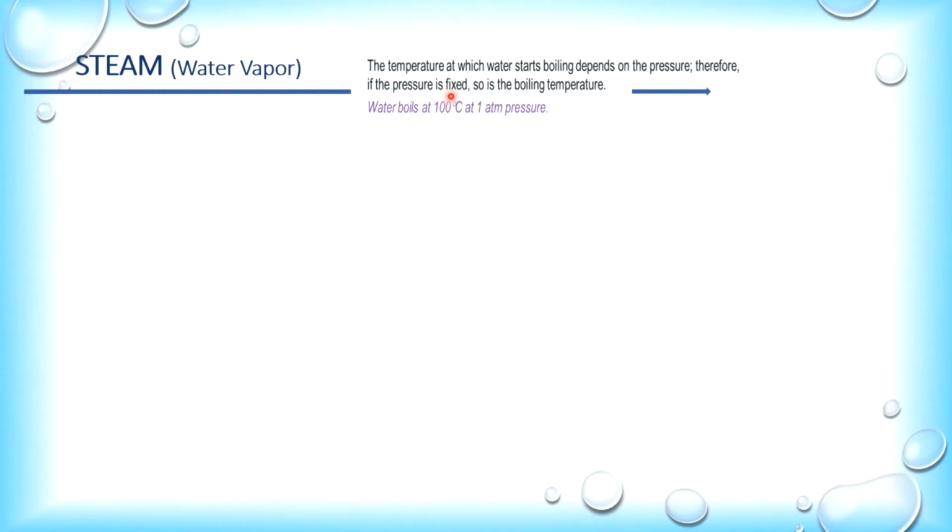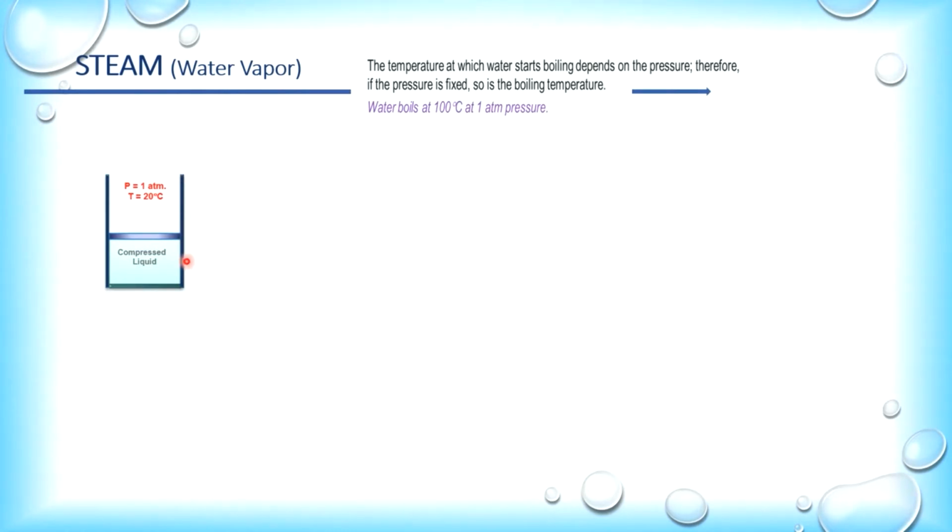Therefore, if the pressure is fixed, then the boiling temperature will also be fixed. We say boiling temperature. Water will boil at 100 degrees C at 1 atmosphere, which is equal to 1.01325 bar or 101.325 kPa.